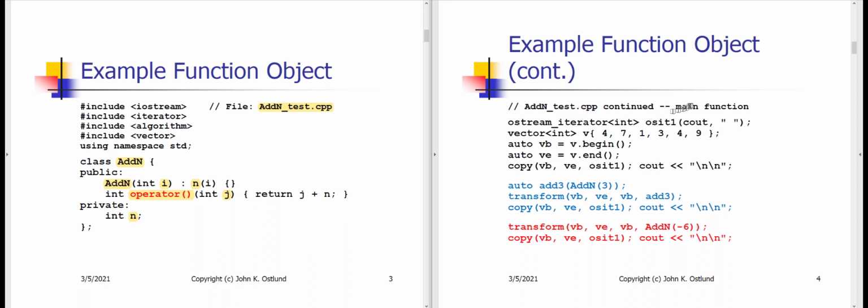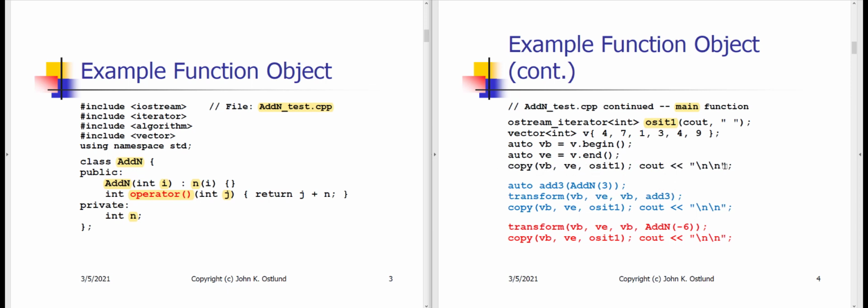Continuing on, in the main function underneath this class, I'm going to create for myself an ostream iterator so that I can conveniently display things to the screen with the copy algorithm. And I'm setting up for myself a vector of 6 values: 4, 7, 1, 3, 4, 9.